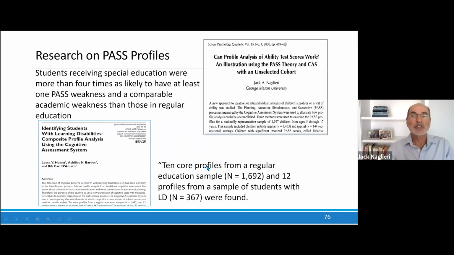And there's a lot of profile research. Core profiles for the standardization sample, profiles for children who have reading comprehension problems that are different from children who have reading decoding problems. There's a lot of profile research out there.